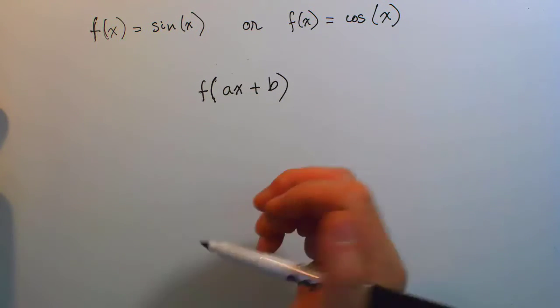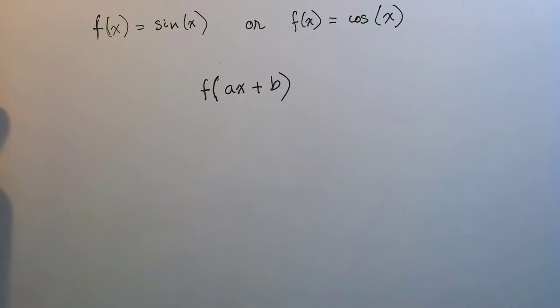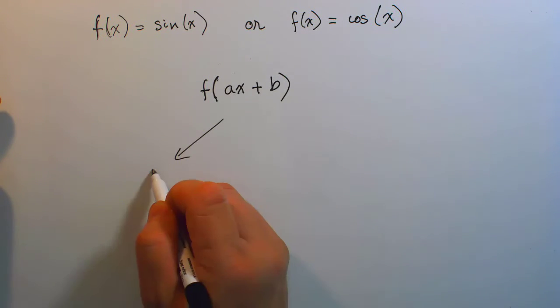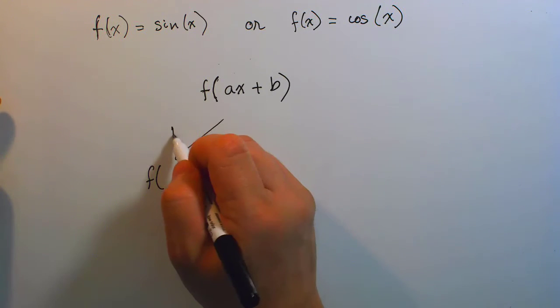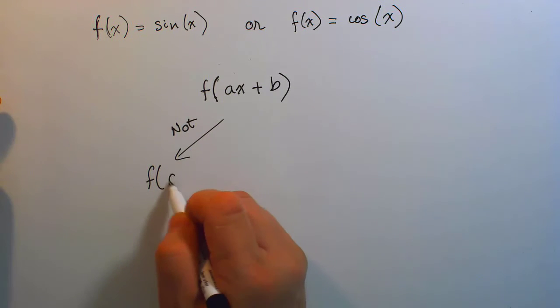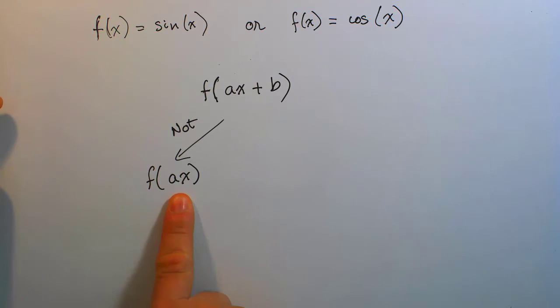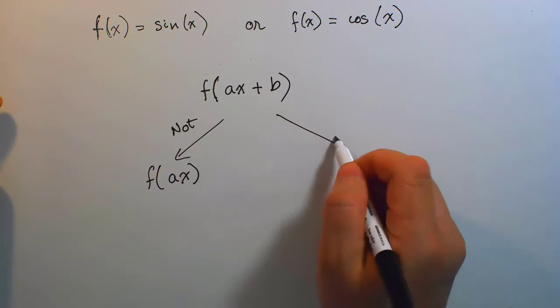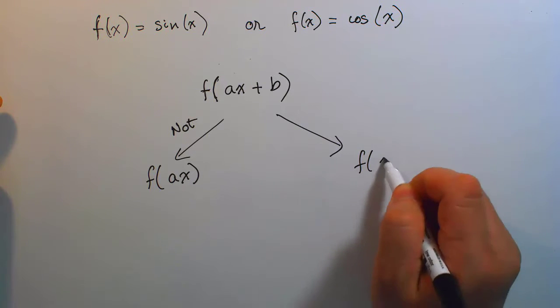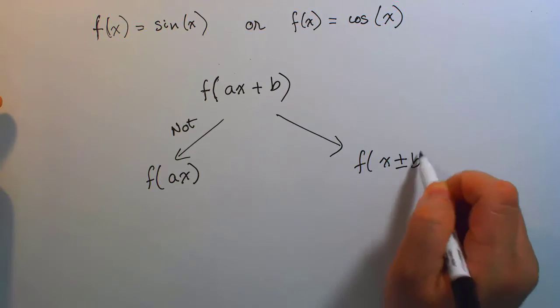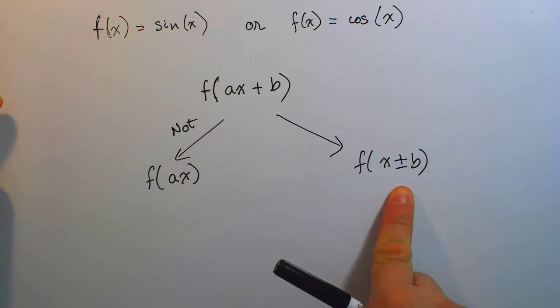So the challenge I'm trying to point out is that it's not exactly f of ax. If it's simply f of ax, then it's easy to recognize that it changes the period. If it's simply x plus or minus b, then it's easy to recognize that it changes the start and the end of the base unit.